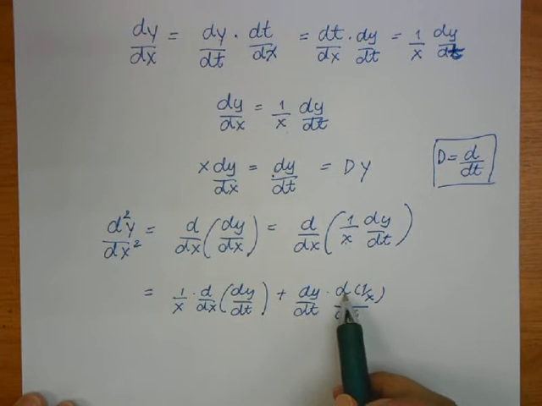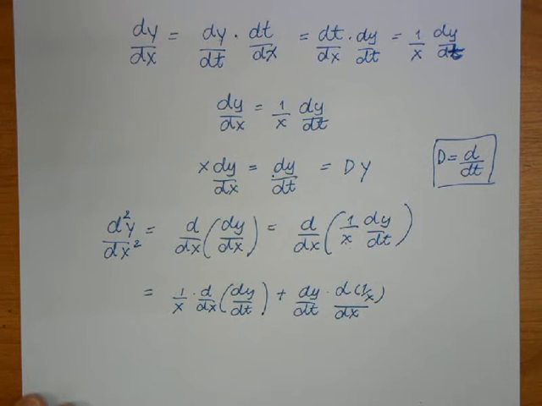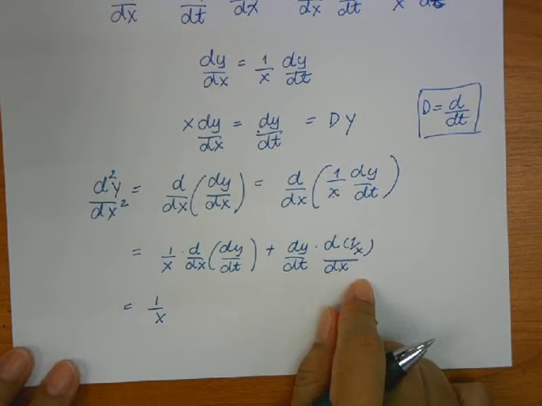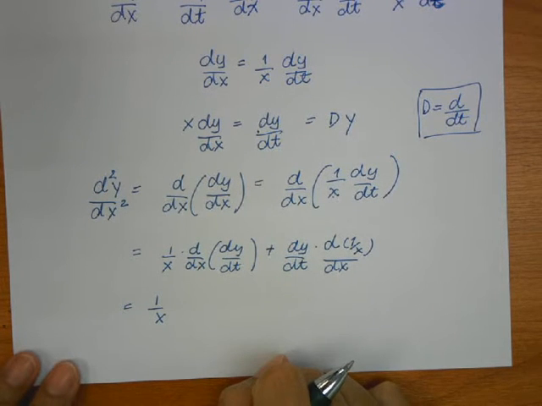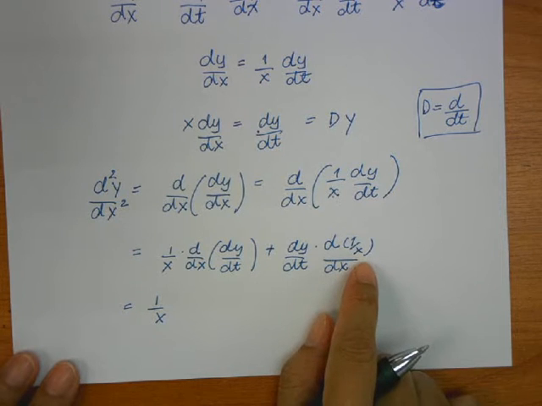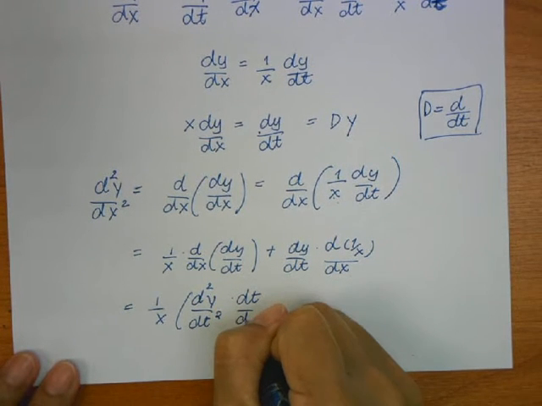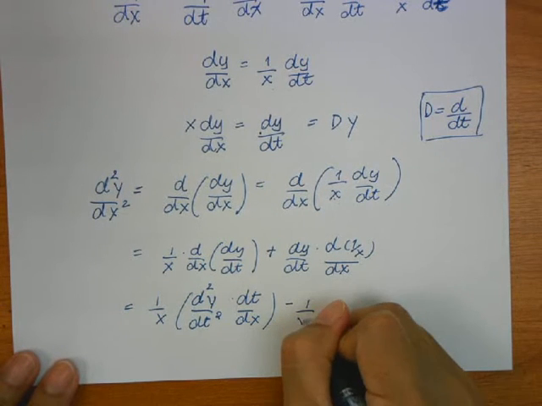What is the derivative of 1 over x by dx? Minus 1 over x squared, right?